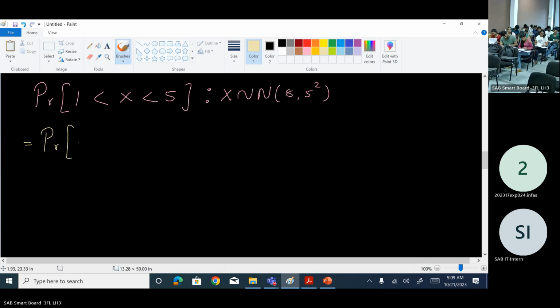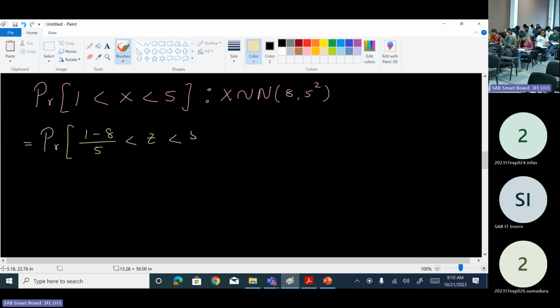Probability 1 minus 8 over 5 less than z less than 5 minus 8 over 5. This is minus 7 over 5, minus 1.4, and this is minus 3 over 5, which is minus 0.6.